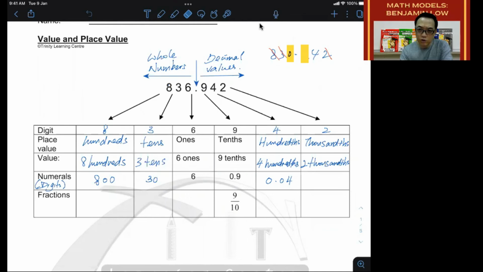Now let's try that with the 2. If you were to do that with the 2, you will basically be eliminating these digits. You'll be eliminating the 8, the 3, the 6, the 9, and the 4. But when you eliminate or remove the 9 and the 4, you should be writing zeros as well as the number in front of the decimal.